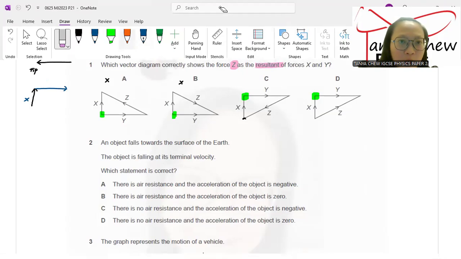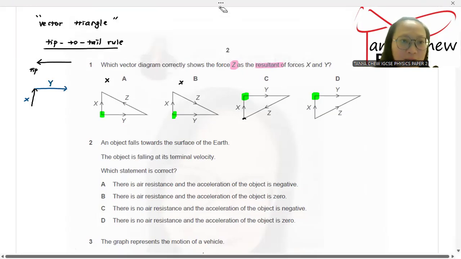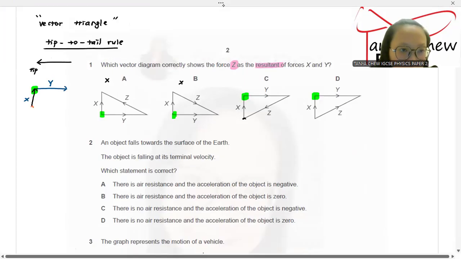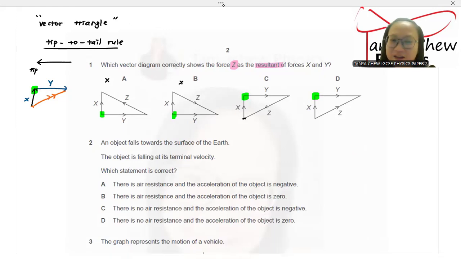This is what we call the tip to tail rule. And if you want to draw a resultant vector, the tail of the first vector, you draw all the way to meet the tip of the second vector. So which one gives you the answer? I believe that you can see the answer right away. D is the answer.